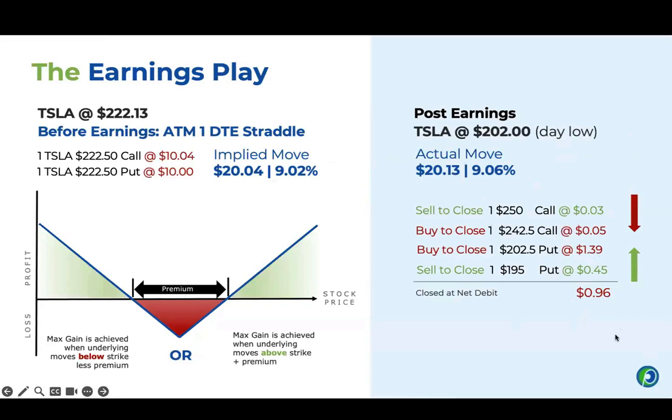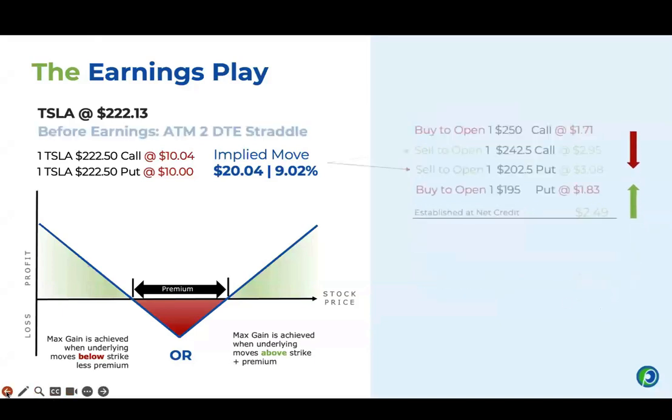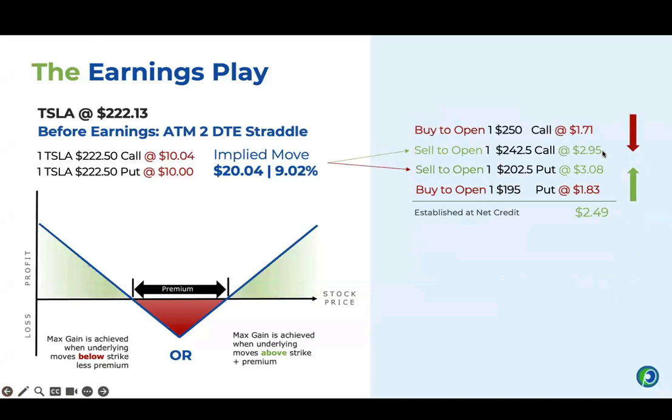This is a profitable trade right here because it moved a little more than we thought it would. However, it stayed very close to our range. It just went a little bit, 50 cents lower. That's okay. But we close this at a net debit. You wouldn't want to hang on to that because the intent of this is one day of movement, right?